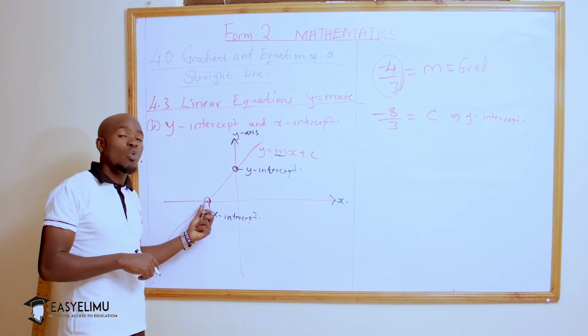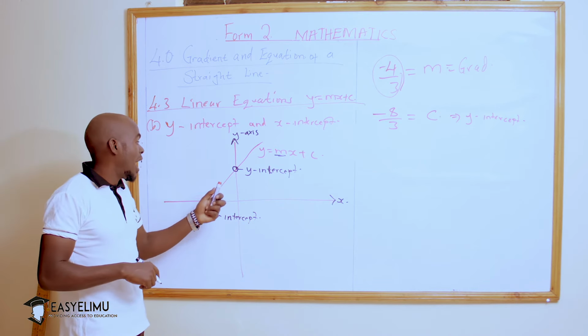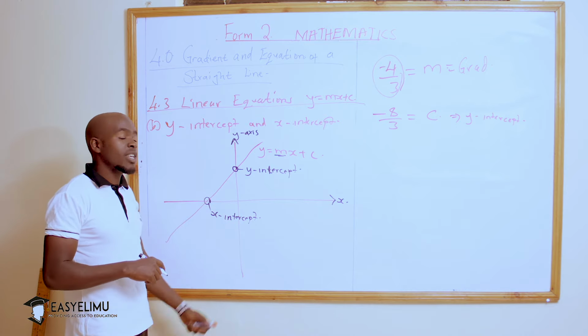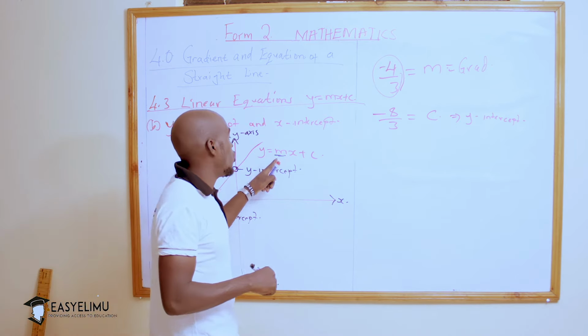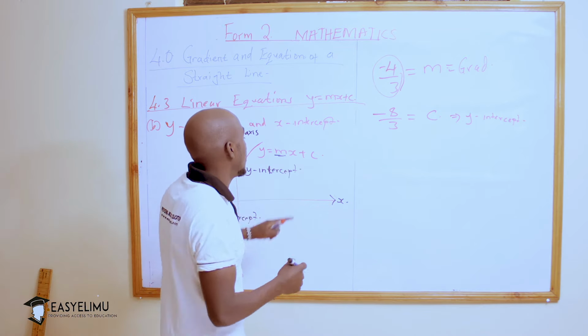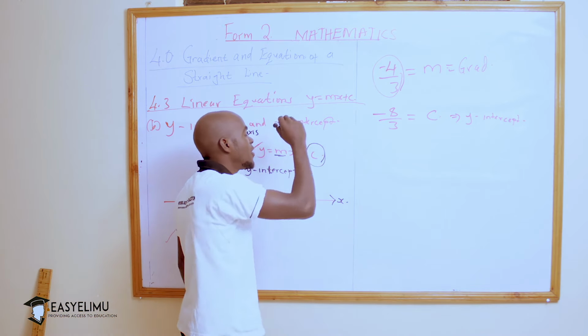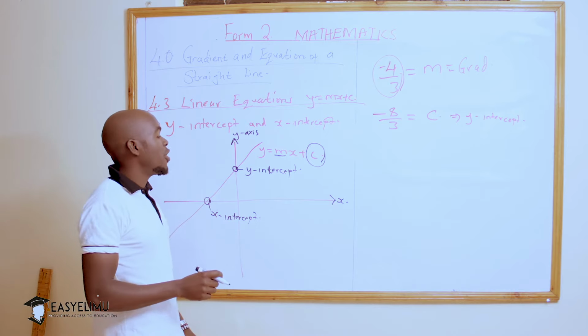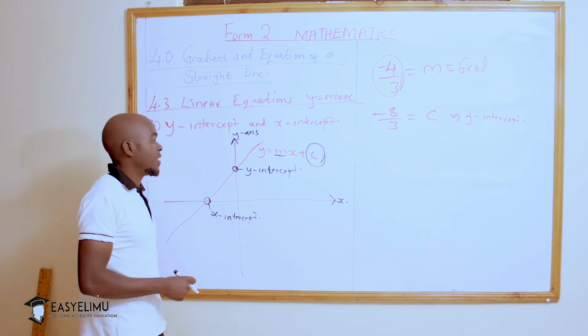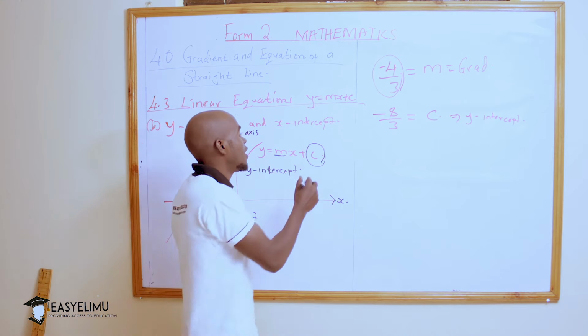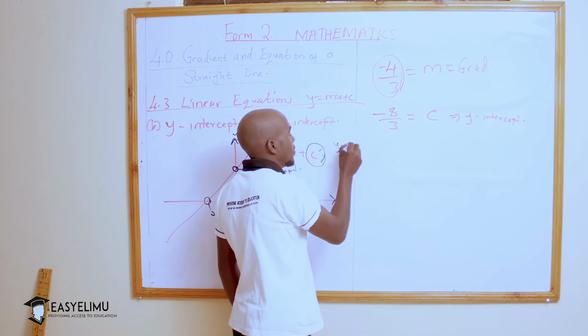At this point, y is equal to 0, and at this point, x is equal to 0. If you have y equals mx plus c, c here always represents the point at which that equation cuts the y-axis. That's why we refer to it as the y-intercept.